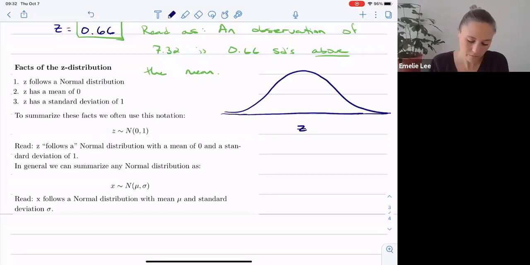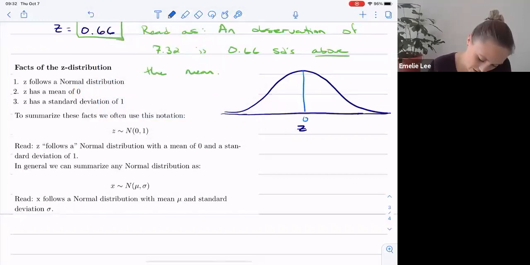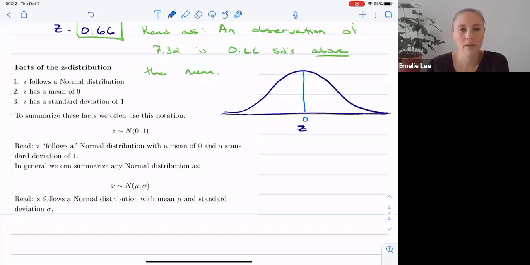Like we said, if you have an observation that's equal to the mean, then that's going to be 0 standard deviations away from the mean, right? And so what's nice is the Z score or the Z distribution is always centered on 0.